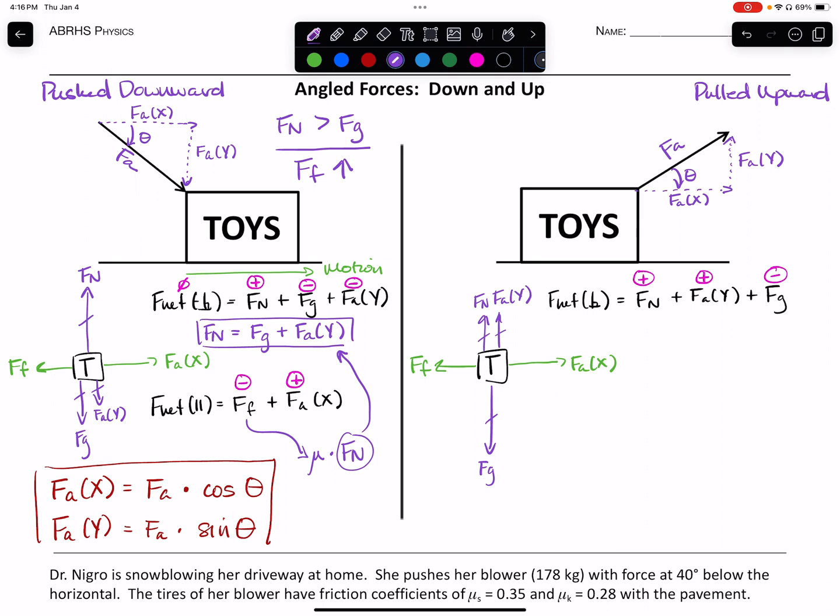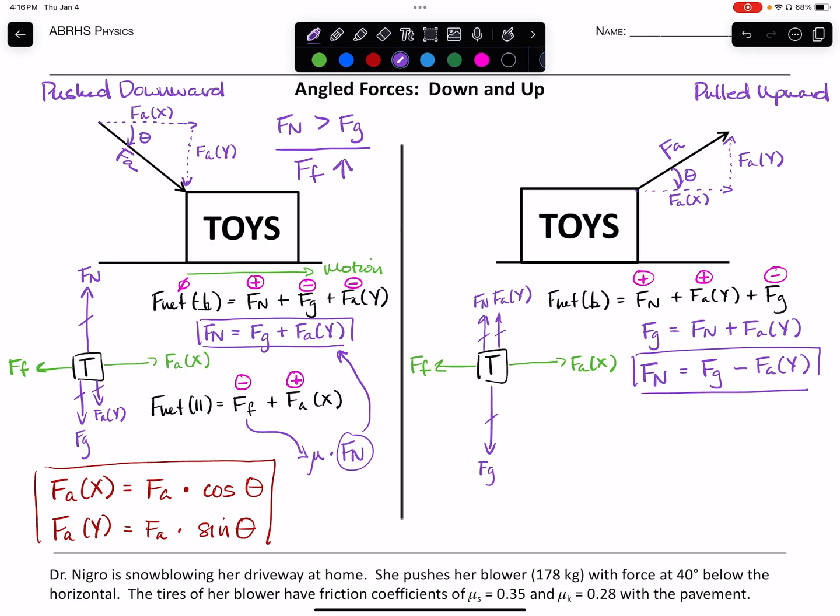Before we said Fn is equal to Fg plus Fa y component. But now if we look, Fg is equal to the normal force plus the y component. So if I rearrange this formula and solve it for the normal force, I find that the gravitational force minus that y component is going to give me my normal force. So that's a little different than what we saw in our other situation.